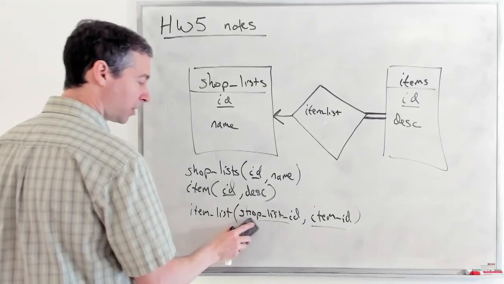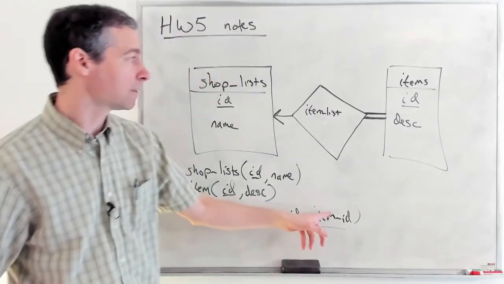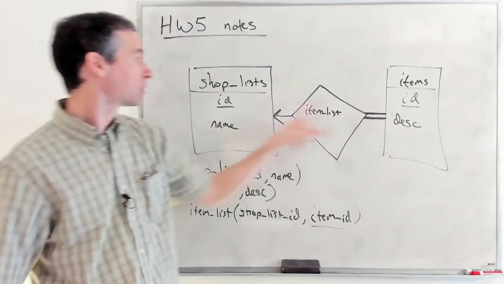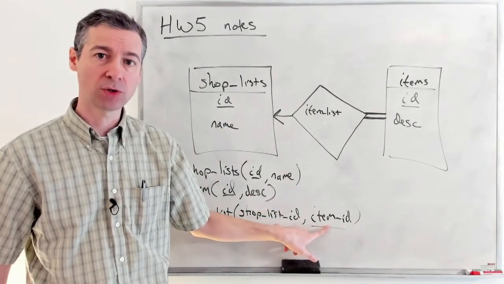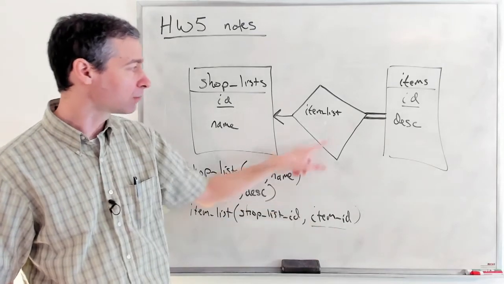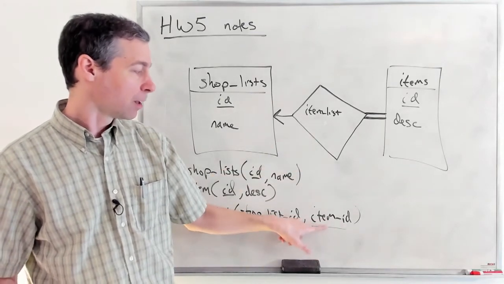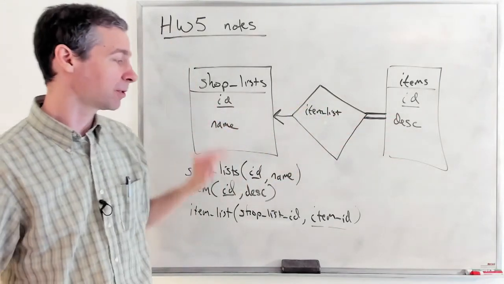So it really would be item ID would be the key. The reason being, again, one item goes to one shopping list, so a single item ID is able to identify the unique row, because there will only be one row in this relationship set per item, because there's only one item going to one shopping list.